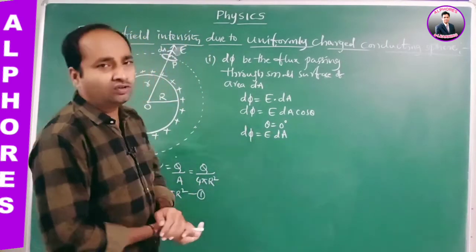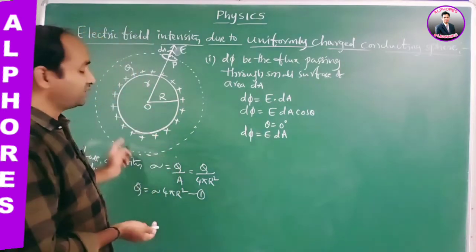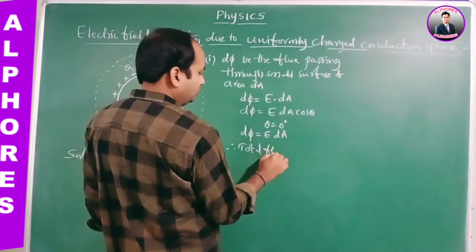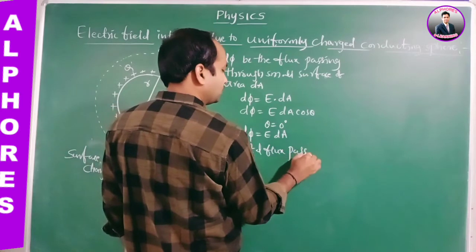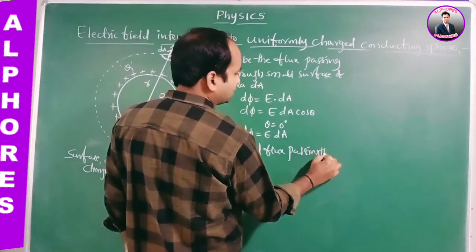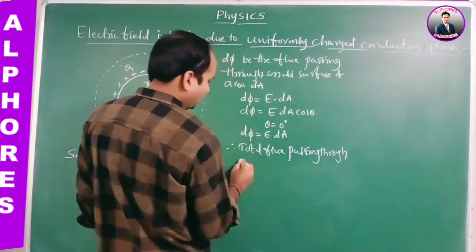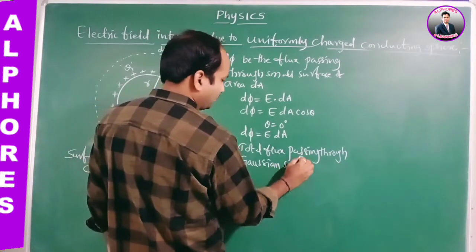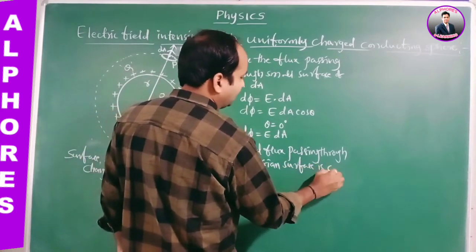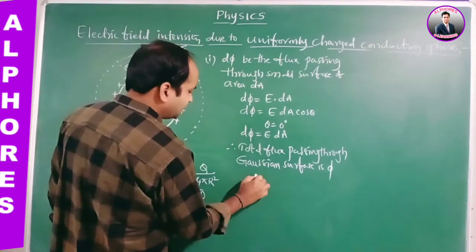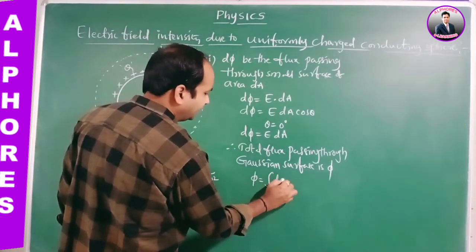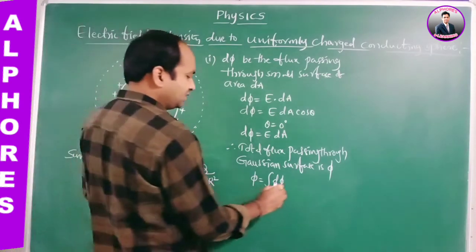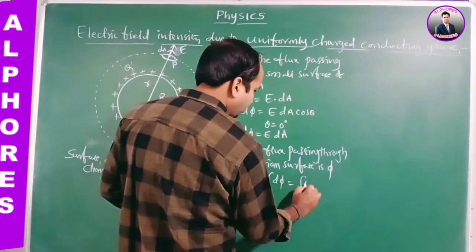But we need to find the total flux passing through the Gaussian surface. Therefore, the total flux passing through the Gaussian surface is phi, which is equal to the integration of d phi, that is the integration of E dot dA.